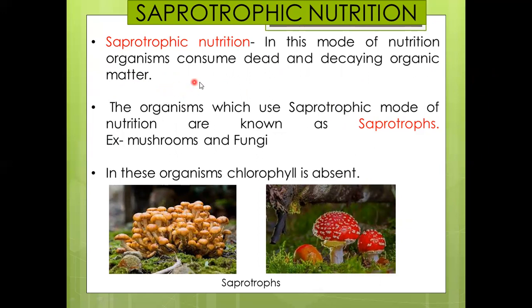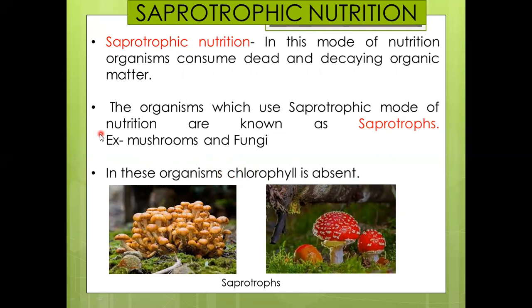They grow on dead organisms. Like when an animal dies and is decomposing, then, as I have shown here, these mushrooms grow. These mushrooms only grow where there is dead or decaying organic matter, which means that someone is dead.